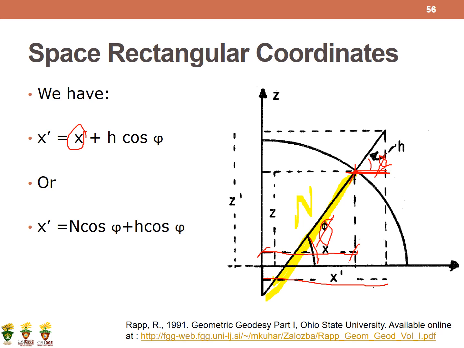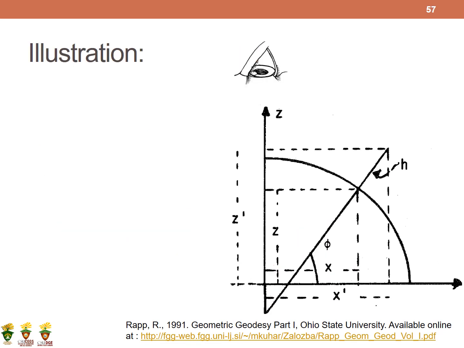So we can say that x prime is just equal to n cosine geodetic latitude plus the additional value, which is h cosine geodetic latitude. That is equal to x prime.